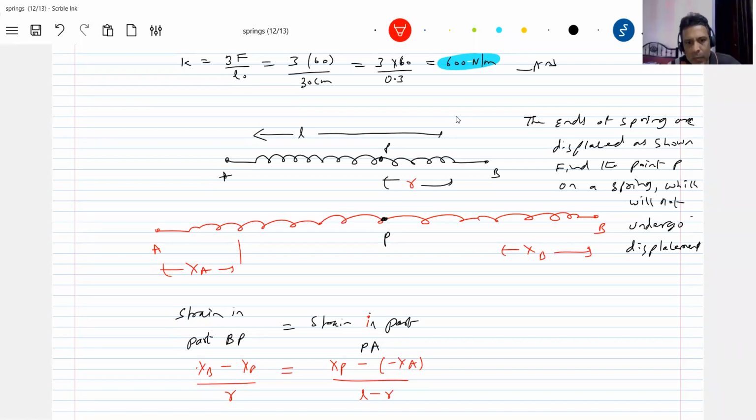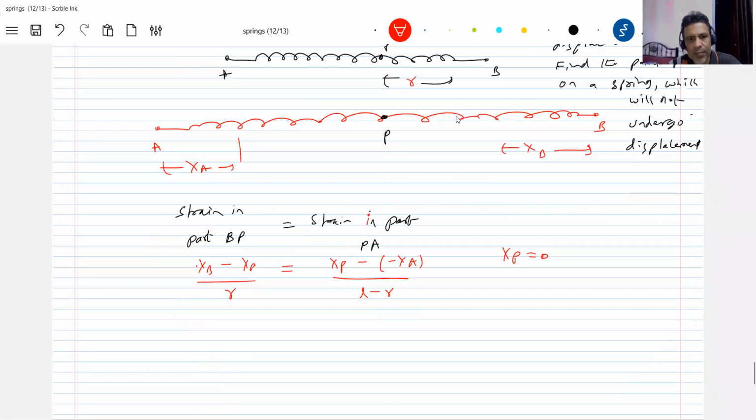We know what the XP value should be. XP should be 0, no? Why 0? Because the question itself is given that way. So this becomes XB by R equal to XA by L minus R. We have to solve: L minus R by R equals XA by XB, so L by R minus 1 equals XA by XB, and L by R equals 1 plus XA by XB.